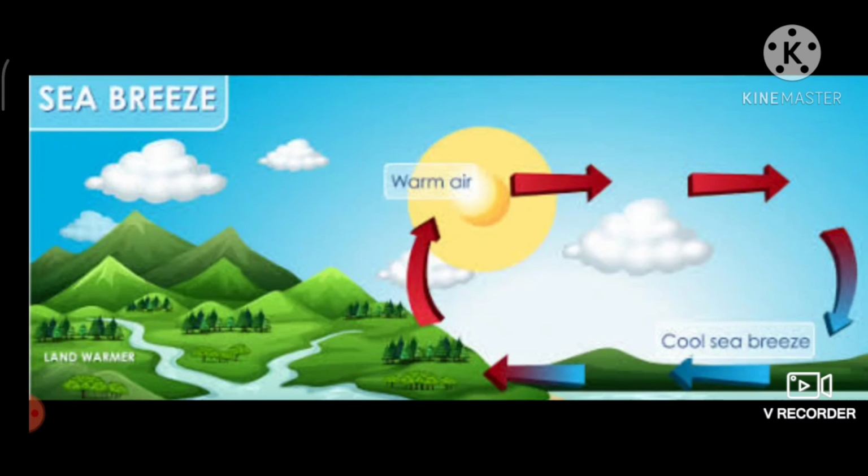In the night, when the water is warmer, the breeze blowing on the land goes towards the sea, so it keeps the sea water cool, that is sea breeze. Breeze means here the air which is circulating above the sea and the land in a circular manner, from colder region to hotter region, and hotter region to colder region.